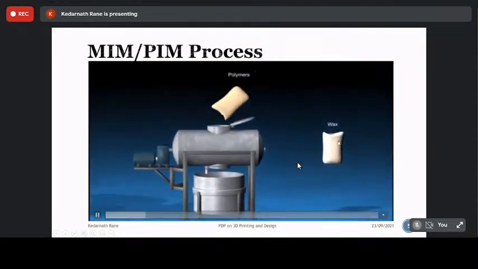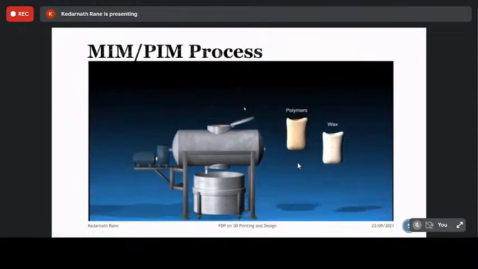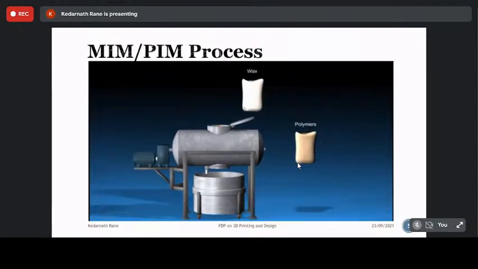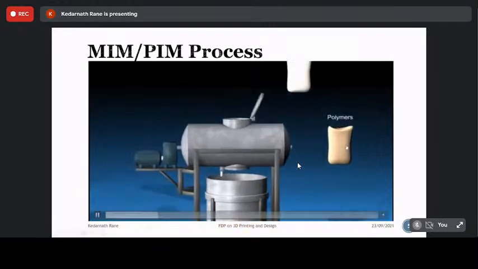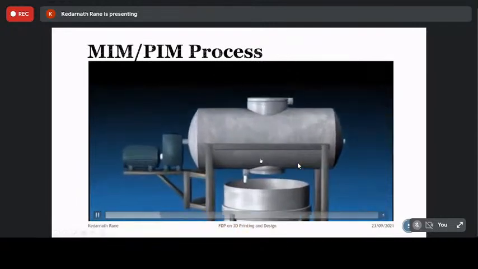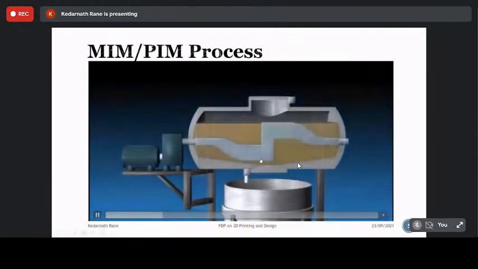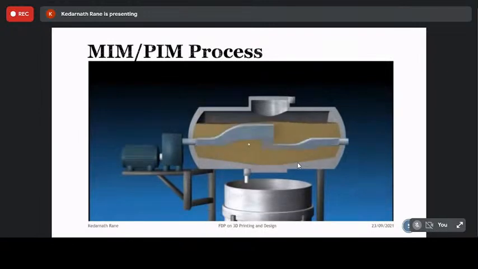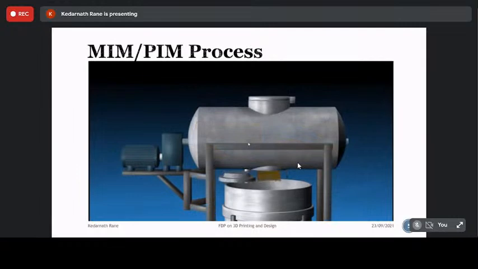Many times it is not termed an eco-friendly system, but nowadays there are some water-soluble binders also available. This is like gluing the powder with other non-metallic constituents, so that it becomes viscous and in a semi-solid form.